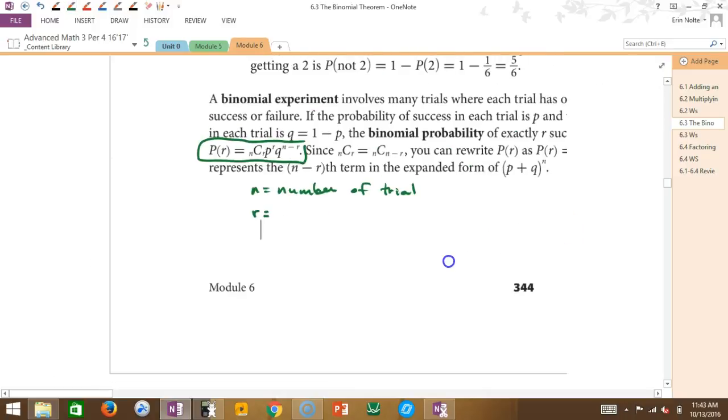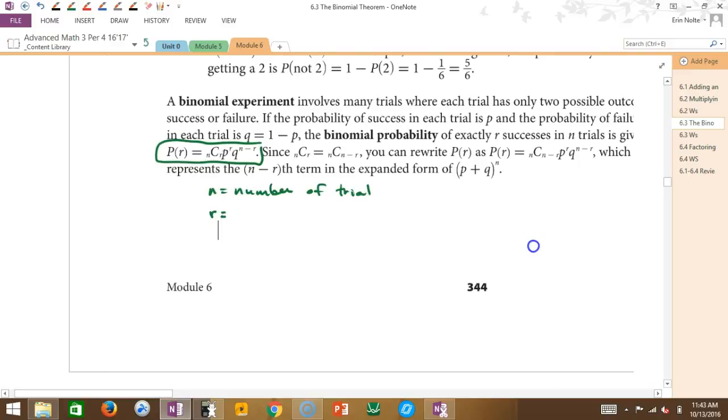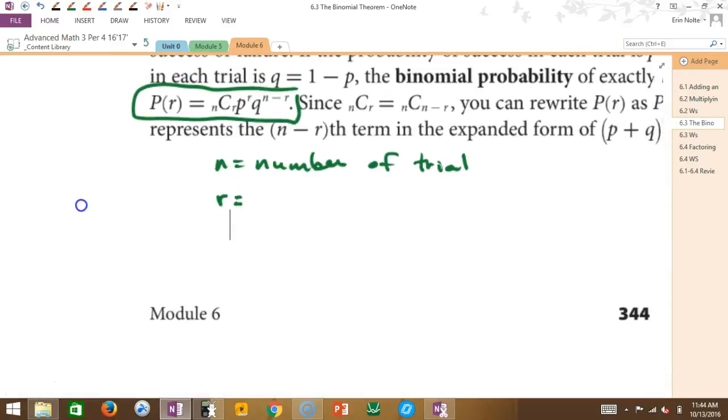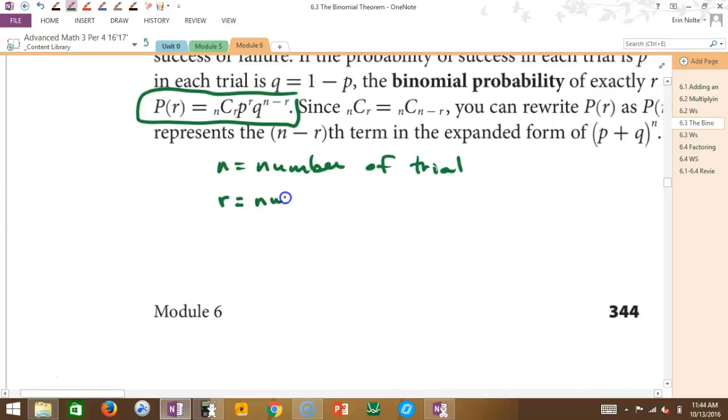R is your number of successes. Okay, so we'll do an example and it'll make sense.